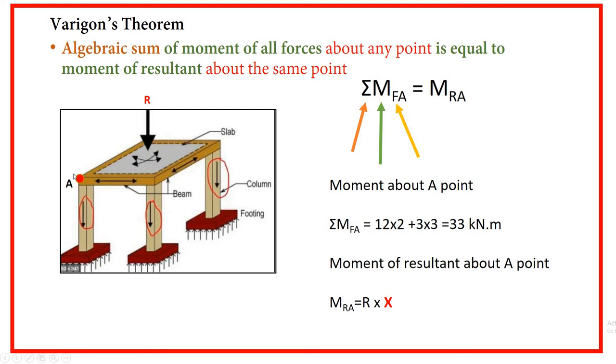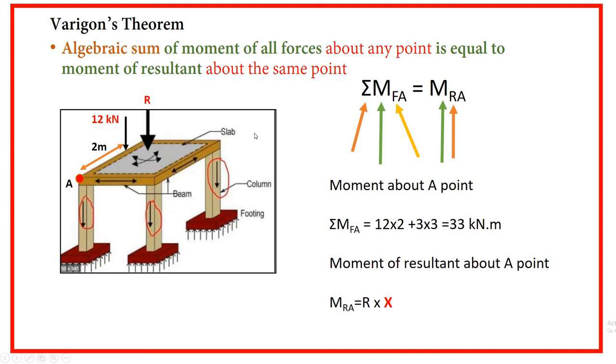And R is for the resultant, and A is again a point. So the algebraic sum of moments of all forces about a point is equal to the moment of the resultant about the same point, right? So the algebraic sum of moments of all forces about any point is equal to the moment of the resultant about the same point, as the equation says, right?